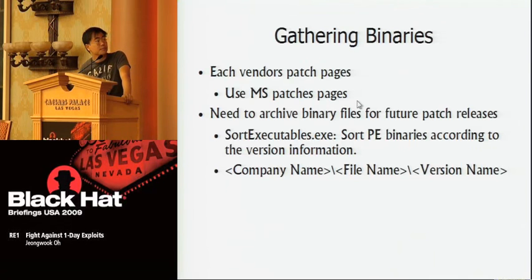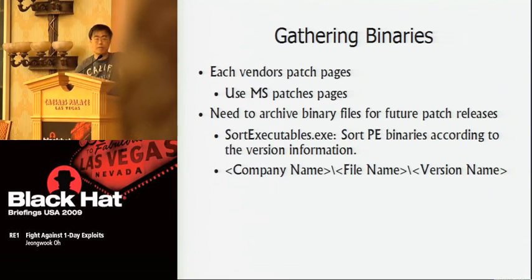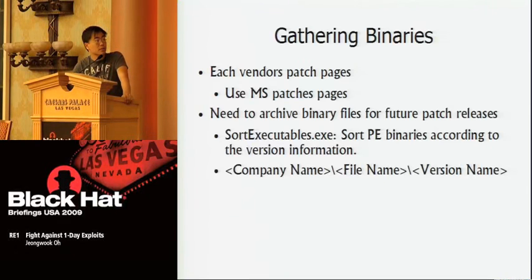So there are MS patches, and you can download them anytime you want. And there are some other vendors like Adobe or Sun, and when they release a patch, they withdraw the old binaries. In that case, you can't download the files from the web. So you need to archive all the binaries on your machine before the patches come out, so you can prepare for future patches.